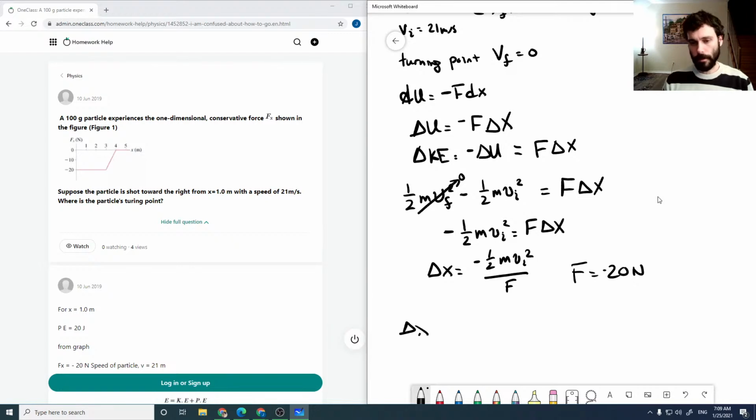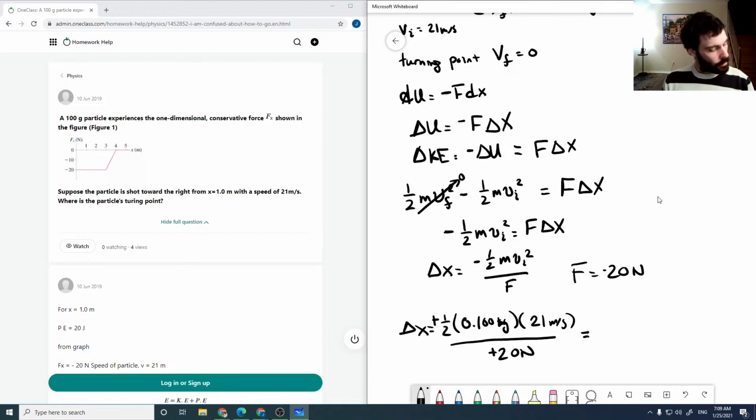So our delta x is 1/2 times 100 grams, so that's 0.100 kilograms, times our initial velocity, which is 21 meters per second, over our minus 20 newtons. So minus over a minus is a plus.